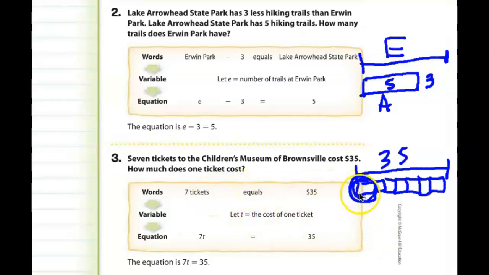So if they say T is the price of 1 ticket, that's going to be 7 times 1 ticket price is equal to $35. We could have also written the equation $35 divided by 7 tickets equals T for the cost of 1 ticket. So there's a couple different ways of doing that, but that's one way.